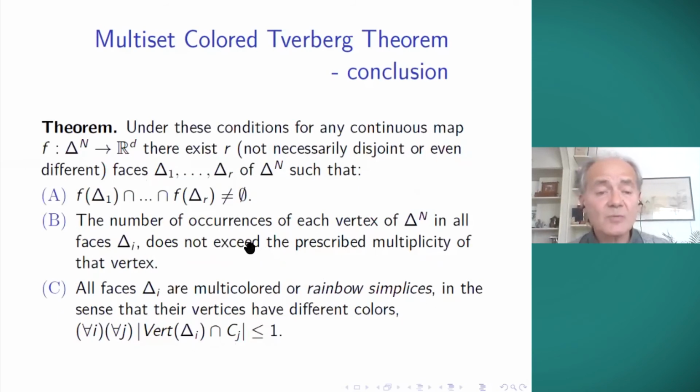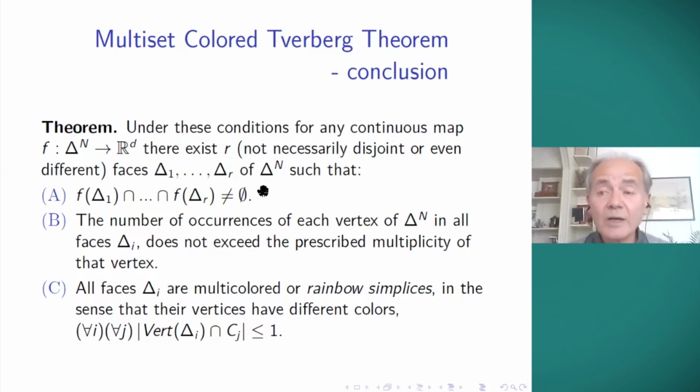And what is the statement? The statement is very similar, but with an important difference. Under these conditions, for any continuous map, there exist r faces, but look, not necessarily disjoint or even different faces.